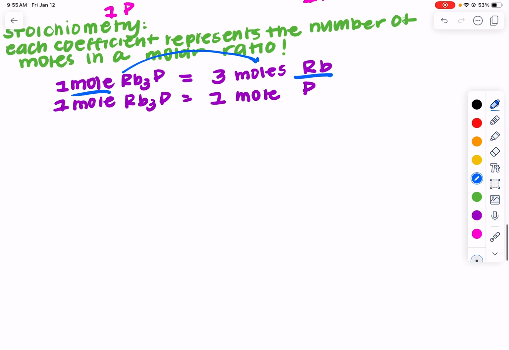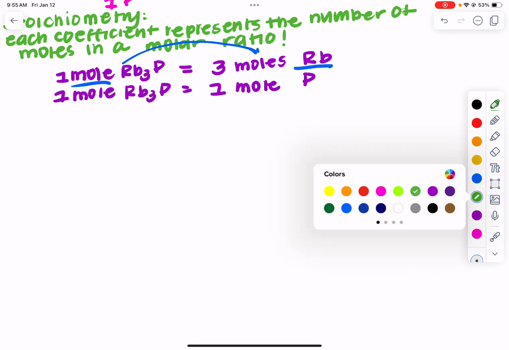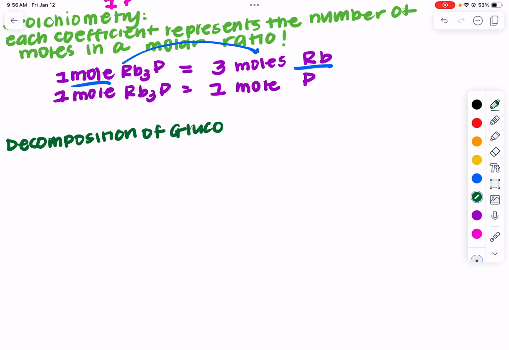Let's look at an example of how this can apply to what we're doing. And I'm going to use this idea of decomposition again, but it's going to be the decomposition of something that we should be familiar with from biology, and that's glucose. Okay?